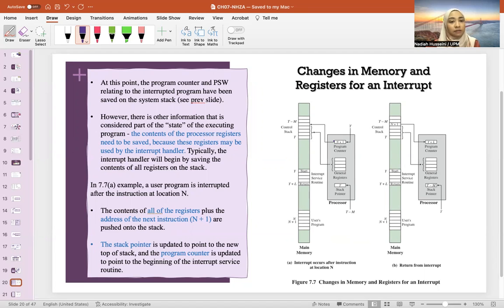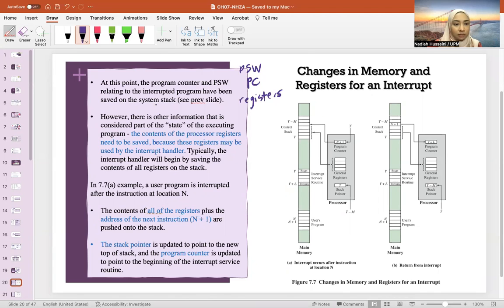Before it can even process the interrupt, what do we have to do? We have to store the PSW, the program status word. We have to store the current PC value, and we have to store whatever registers were involved in the current instruction, or the last instruction that the processor was doing.